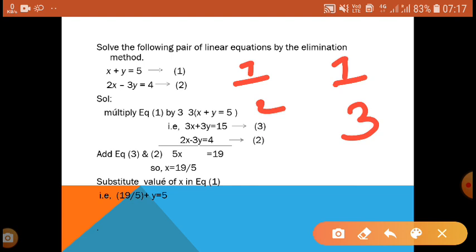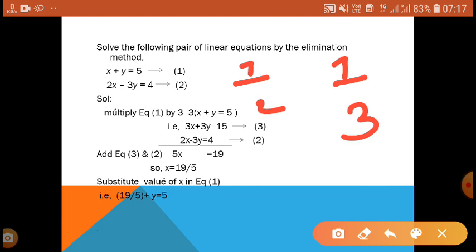Both equations don't have a common coefficient for a common variable. So first we have to make the coefficient of any one of the variables equal.